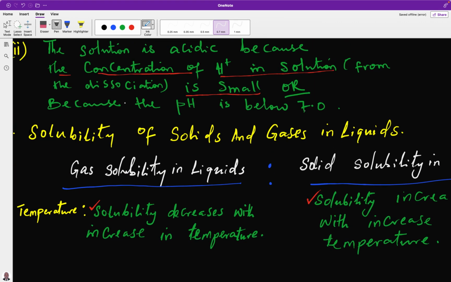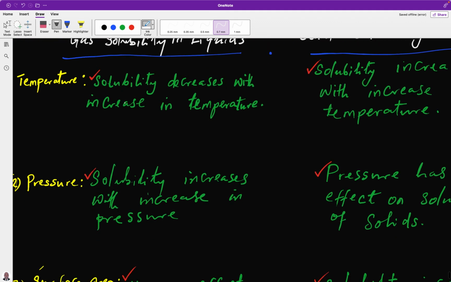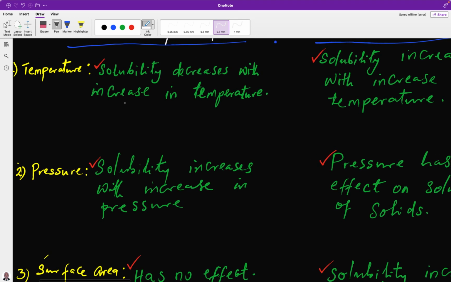Solubility of solids and gases in liquids. Now we are going to compare them in three different forms, based on temperature, pressure, and surface area.